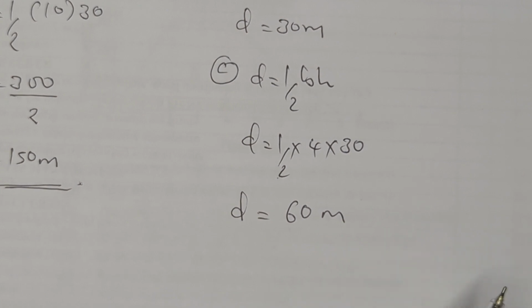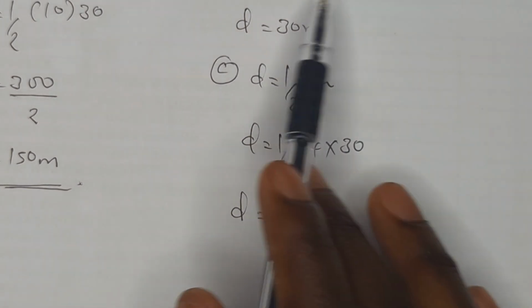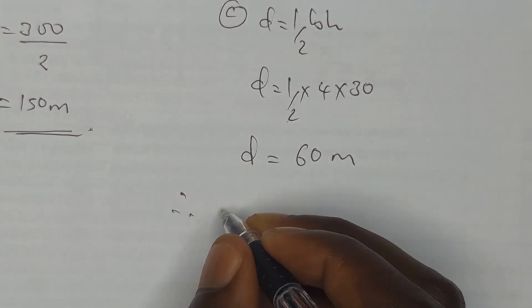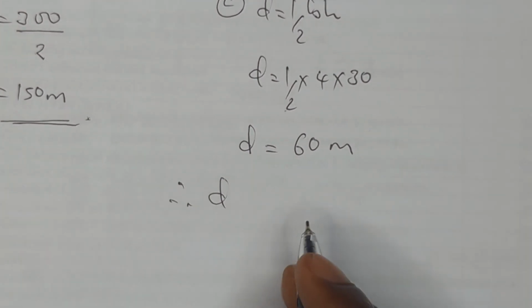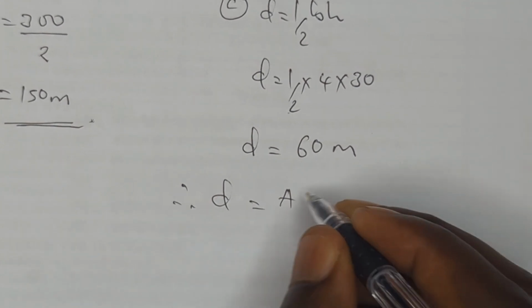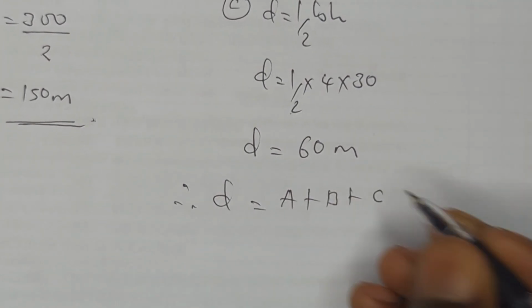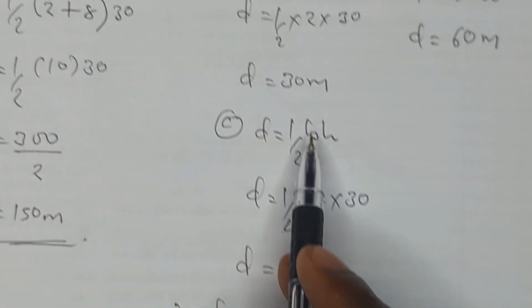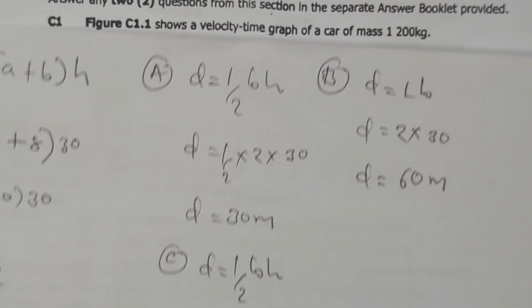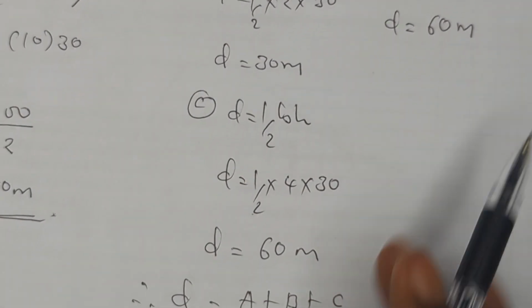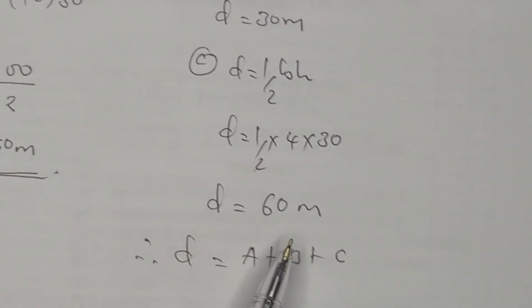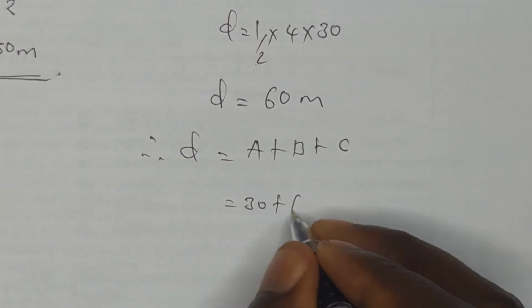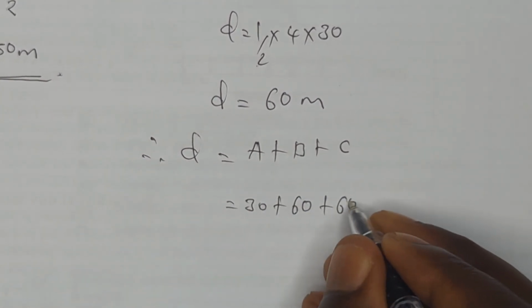Now after calculating part by part, you then add the distances. So the distance therefore is equal to the total distance for the journey, A plus B plus C. The distance for part A, that is 30, for B that is 60, and for C that is 60. So this is 30 plus 60 plus 60.